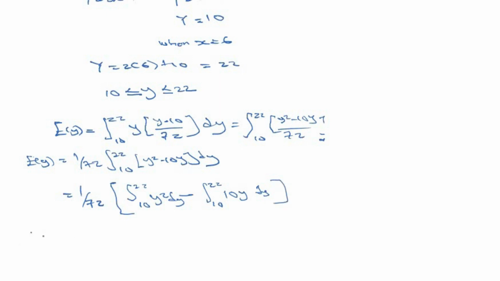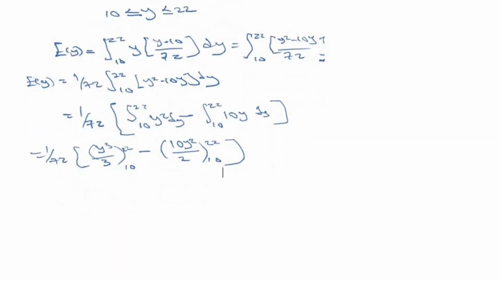Now integrating the first part, we have y raised to the power of 3 over 3, minus, for this one, 10y squared all over 2, with limits from 10 to 22. So this is what we have.